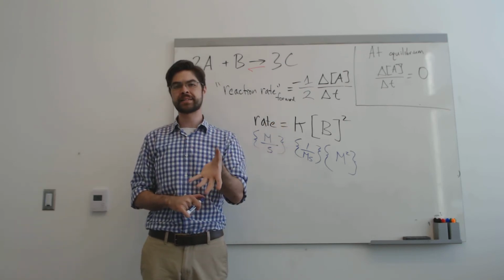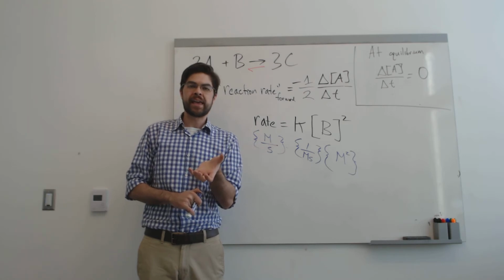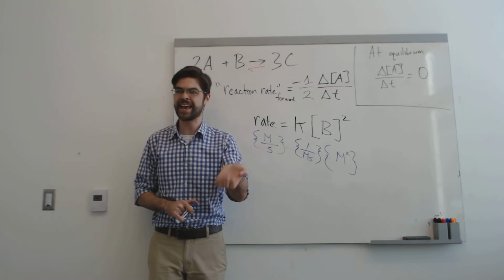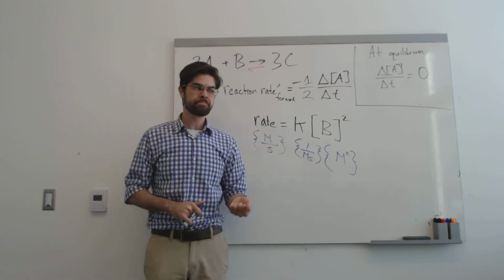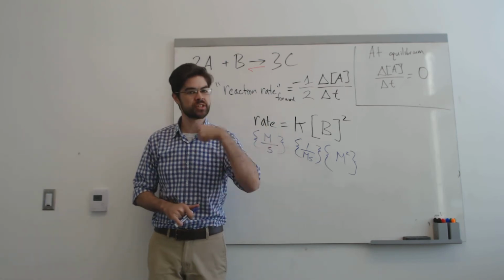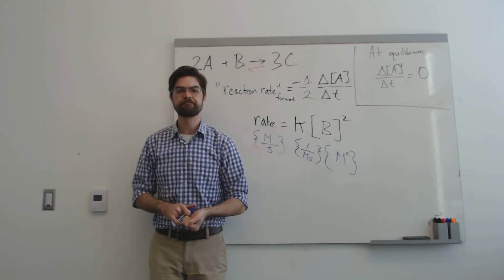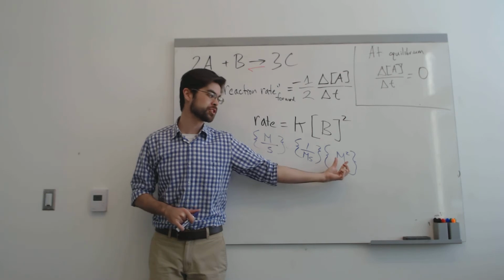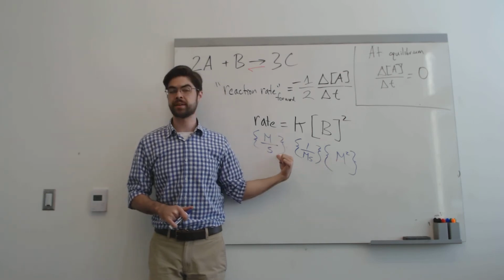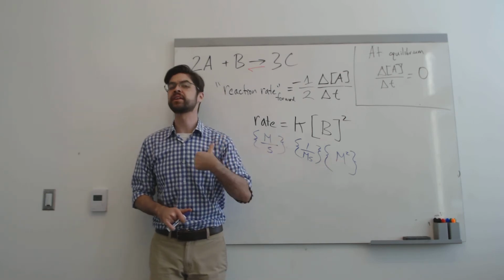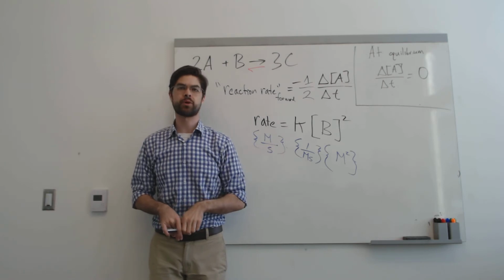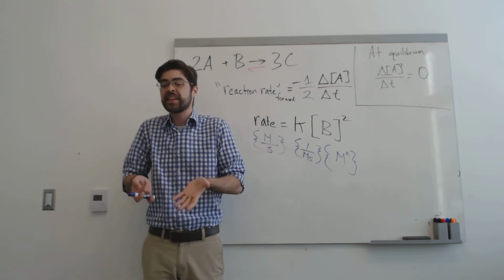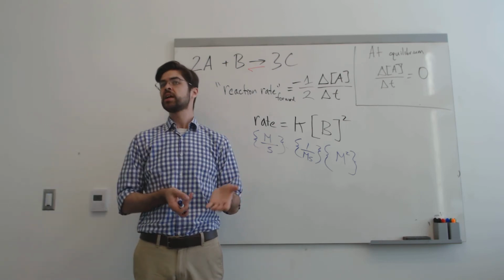Now, what the rate constant means is a fundamental measure of how fast a reaction tends to occur. We discussed how the reaction does depend upon concentration, but there has to be something else to convert it from just concentration into something that depends on time. That other thing is the rate constant. It represents just generally how fast this reaction is. Because I could think of two hypothetical reactions.